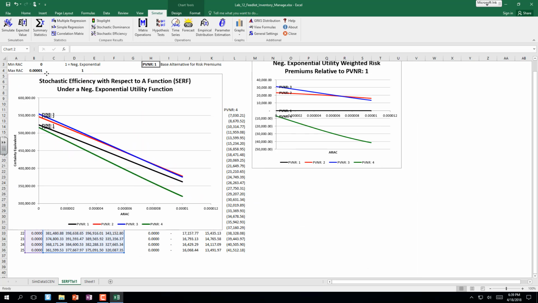The other way of looking at that is in terms of the risk premiums. How much would you be willing to pay to move from 200 acres up to the 225 acres or 250 acres? That's about $16,000. Okay?